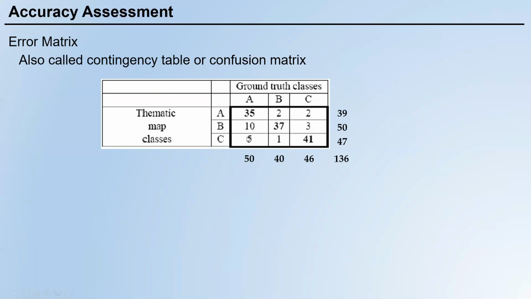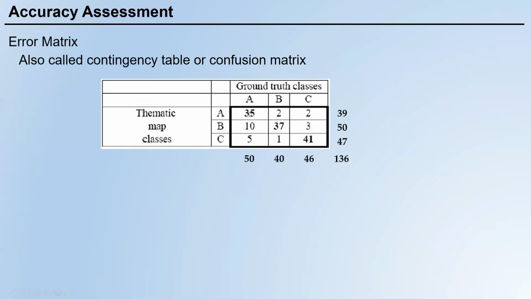What does it mean? It means that there are 35 pixels in your image classified as class A, and in the real world, they are correctly classified.